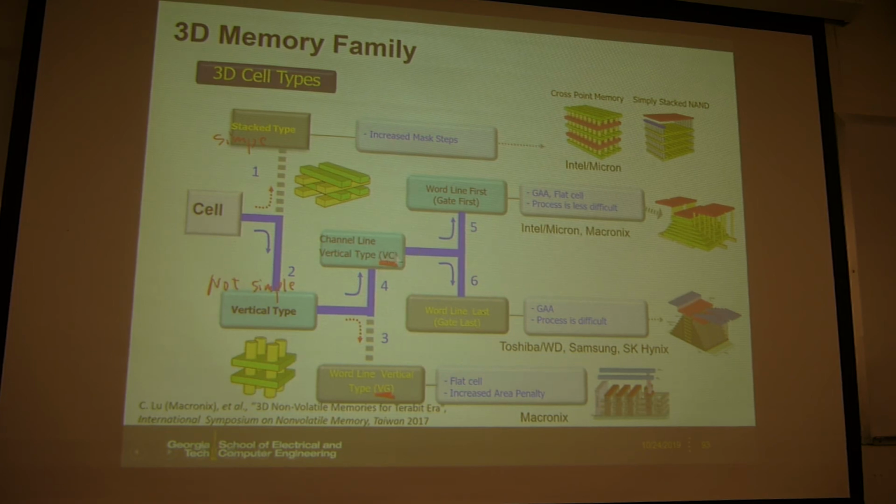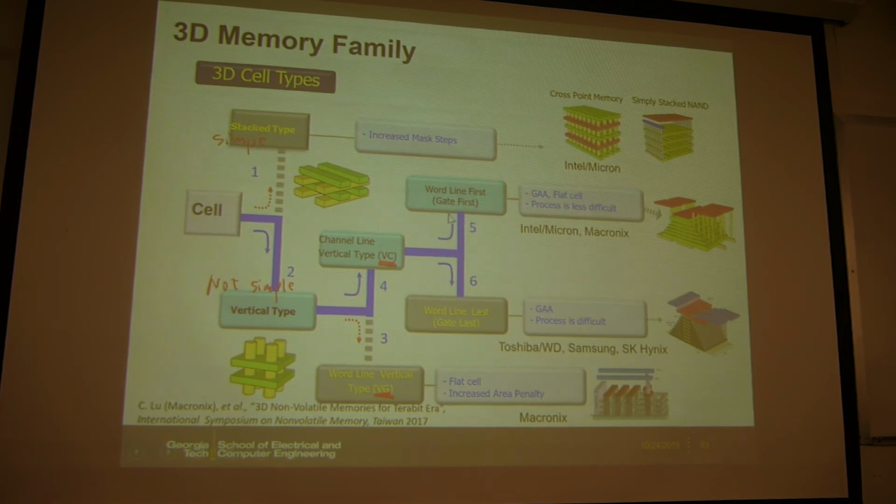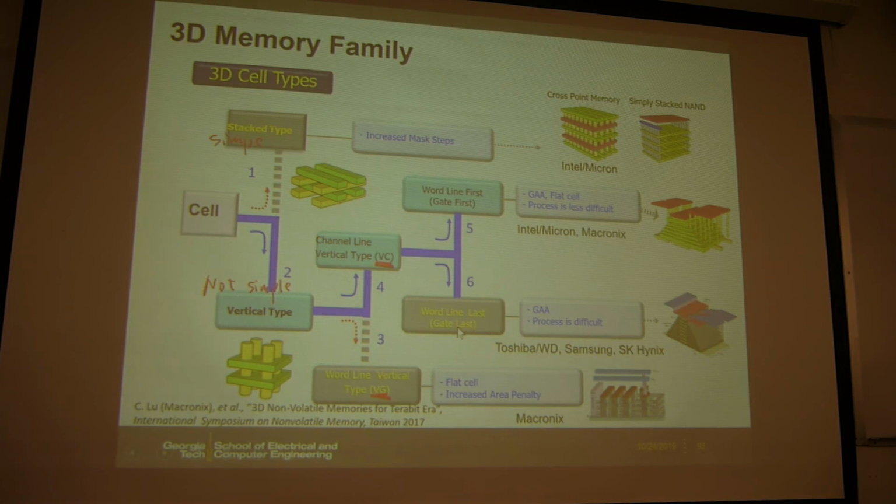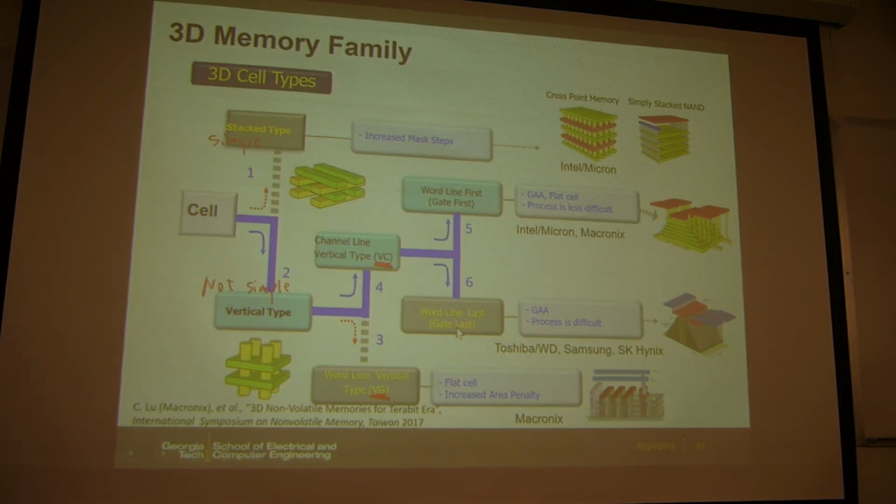Within the vertical channel approach, there are two subcategories. One is the gate first process, one is the gate last process. This is similar to the old days when we talked about high-k metal gate technology, gate first and gate last. We will discuss this later.